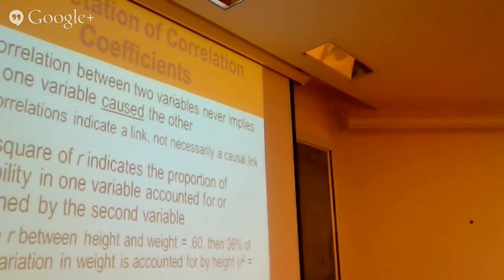If your rho is 1 and you square that, you get 1, 100%. So in other words, 100% of the variation in this variable is explained by the presence of this variable. If your rho is really high, like 0.9, you square that, you get 0.81. So 81%, that's pretty high. 81% of the variation in this variable is explained by this variable.